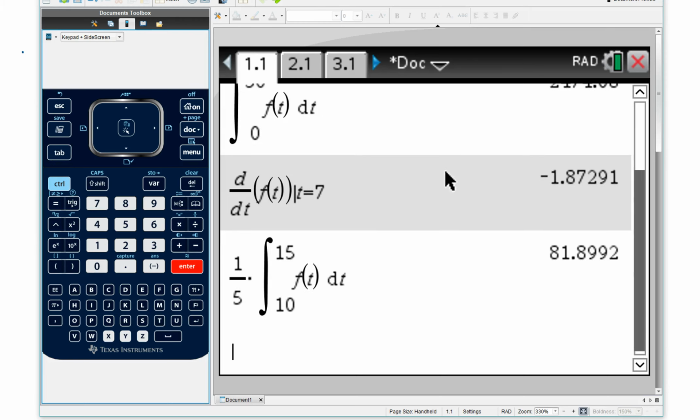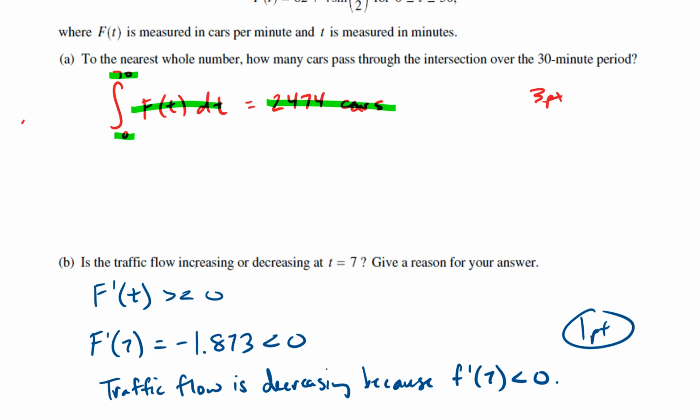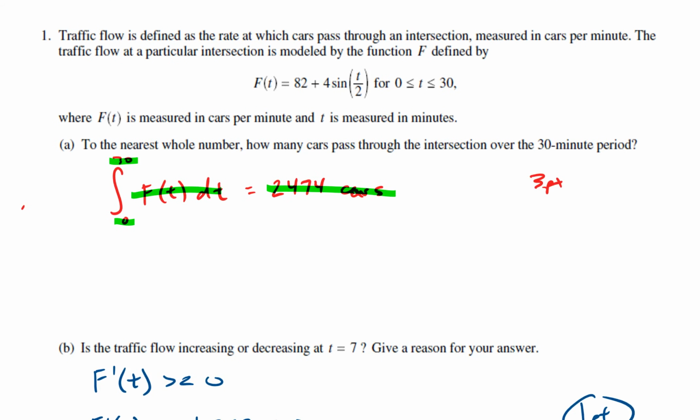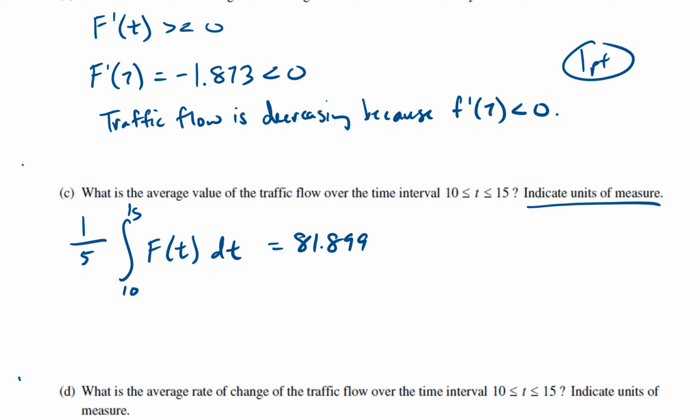And we get 81.899. We need the units of measure because it specifically says include the units of measure. This is an average value. So if we're looking at our units up here, we have cars per minute in minutes. So the average value is 81.899 cars per minute.